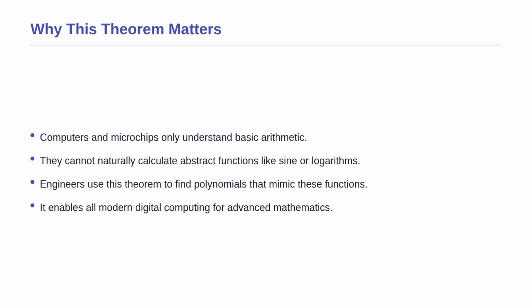When you ask a calculator to find the sine of an angle, it cannot compute the true abstract mathematical function. Instead, engineers rely entirely on the Weierstrass Approximation Theorem to find a polynomial that perfectly mimics the sine wave up to the 15 decimal places on your screen. Without this theorem, modern digital computing would be completely impossible.